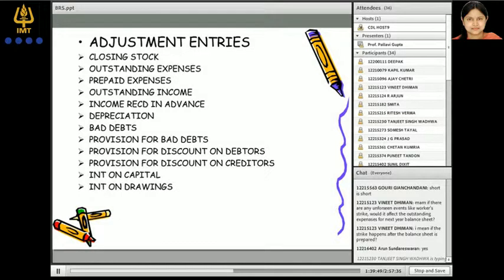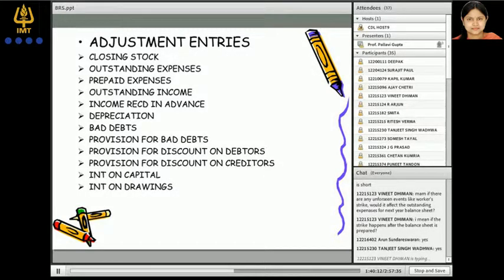If there are any unforeseen circumstances, like a worker strike, and the strike happens after the balance sheet is prepared, then the event happened after the preparation of the balance sheet.